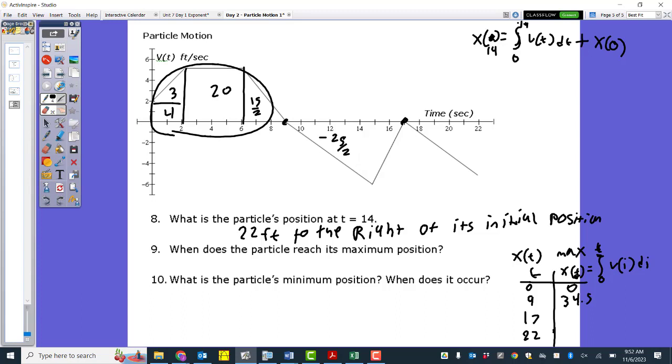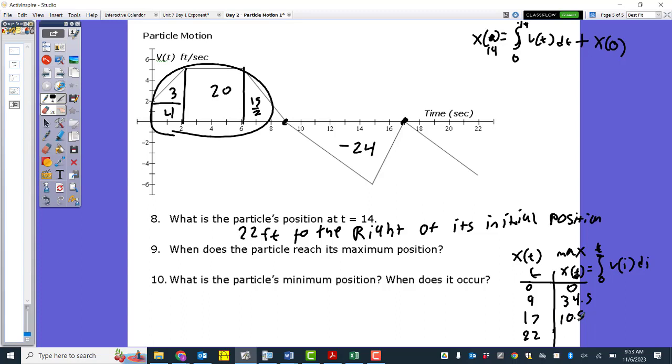So let's actually change that. Let's just find the whole area of this triangle. 1, 2, 3, 4, 5, 6, 7, 8. And then negative 6. So negative 24. I'm pretty sure. And that gives us negative 24 plus that 34.5 should give us a 10.5 there.